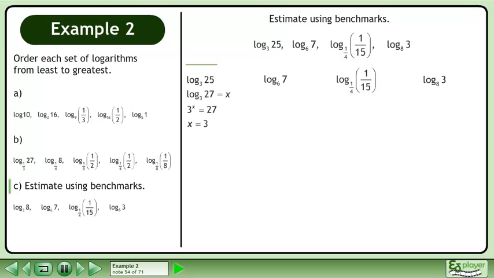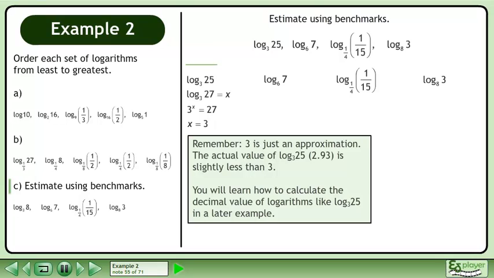This gives us x equals 3. Remember, 3 is just an approximation. The actual value of the base 3 logarithm of 25, 2.93, is slightly less than 3. You will learn how to calculate the decimal value of logarithms like the base 3 logarithm of 25 in a later example.